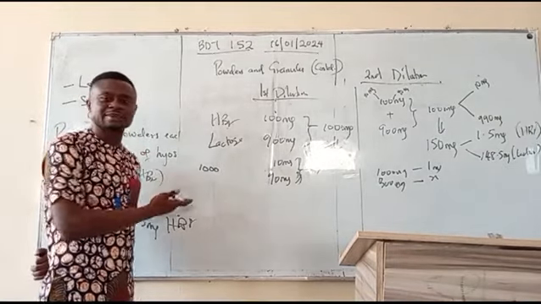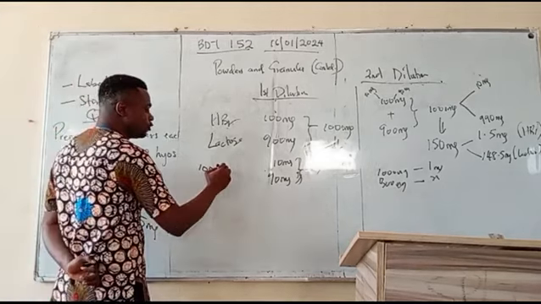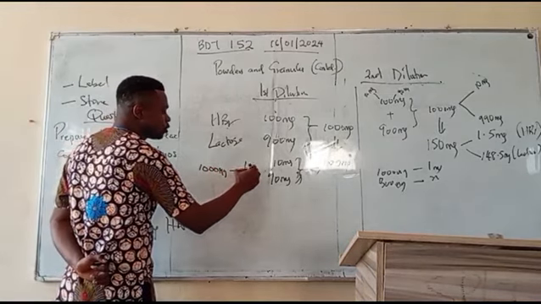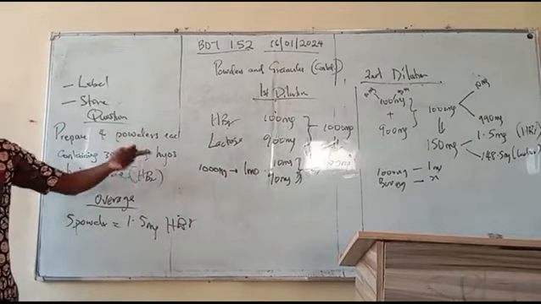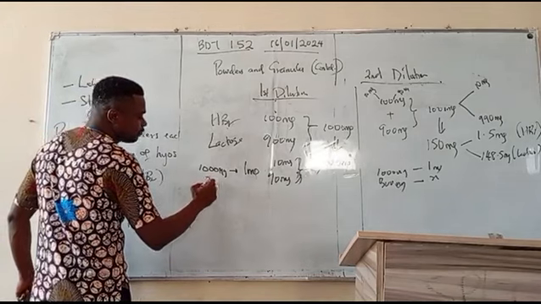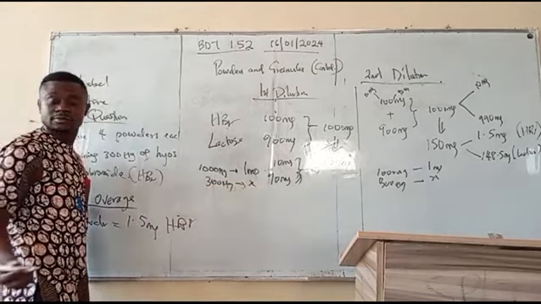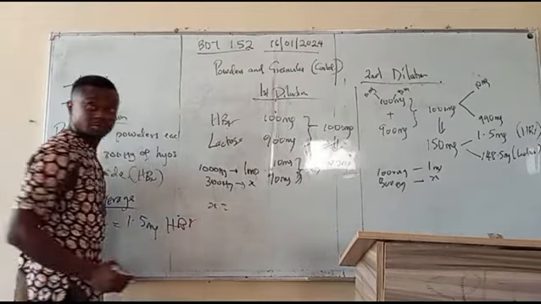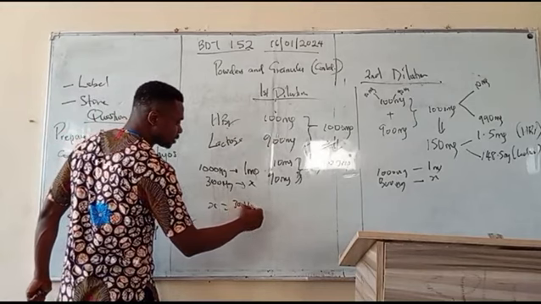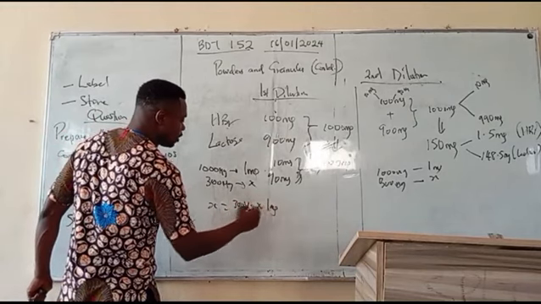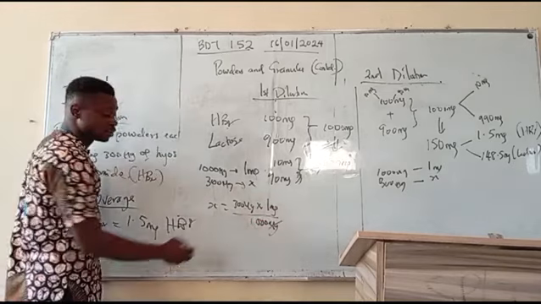By now, we should know this. That 1,000 microgram is what? 1 milligram. So if you now want to convert 300 microgram to milligram, what are you going to do? Therefore, 300 microgram is now equal to what? X, right? So X is now equal to what? 300 microgram times what? Over what? 1,000 microgram. So microgram will do what? Cancel the microgram.